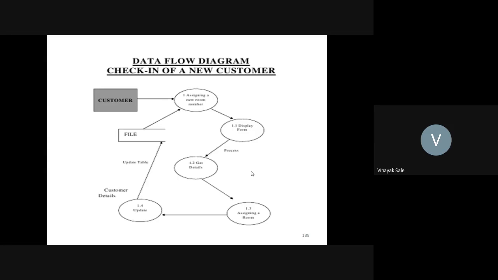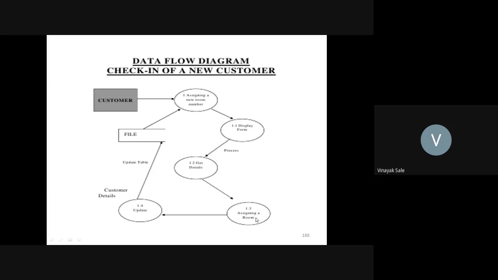Then data flow diagram. So customer arranging a new room. Okay. So there is a file for this room. Display the file, process and get details regarding the room and the customer.